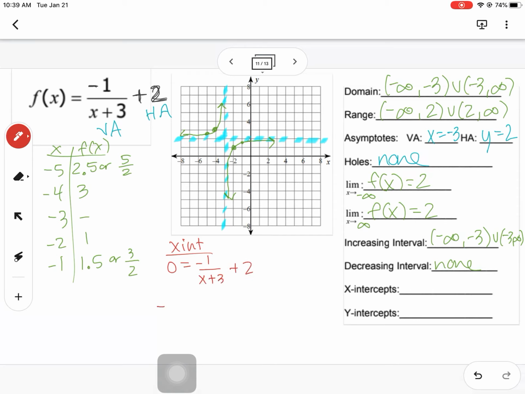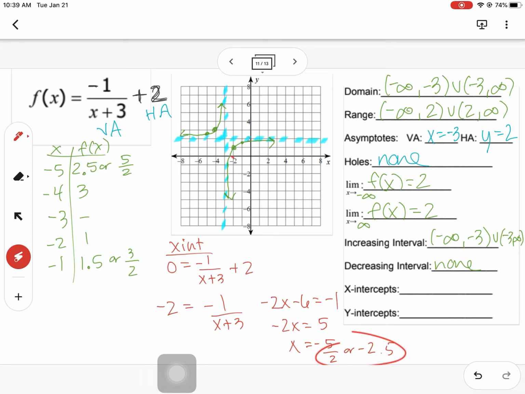And again, you can move that 2 and then cross multiply. So I'm going to have negative 2x minus 6 equals negative 1. That gives me negative 2x equals 5, and x equals negative 5 over 2, or negative 2.5. Again, the very first thing I check with this number is, does that match where it actually crosses? And it does appear to match, which means I'm probably on the right track.